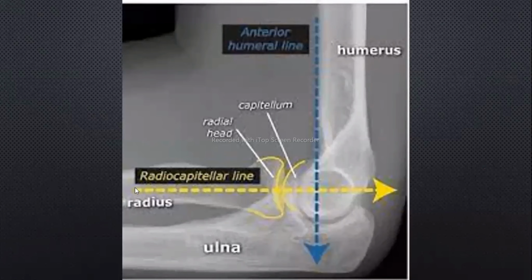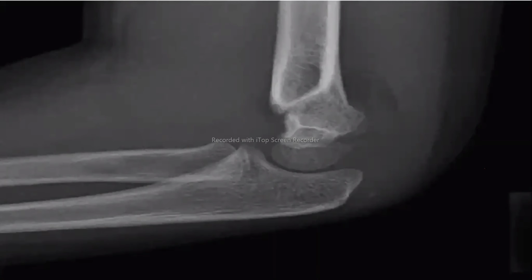How many lines? Two lines. Okay, so you are using these lines for a subtle fracture or an obvious fracture? Subtle, not clear. Yes. If they give you a clear fracture like this, is this clear or not?